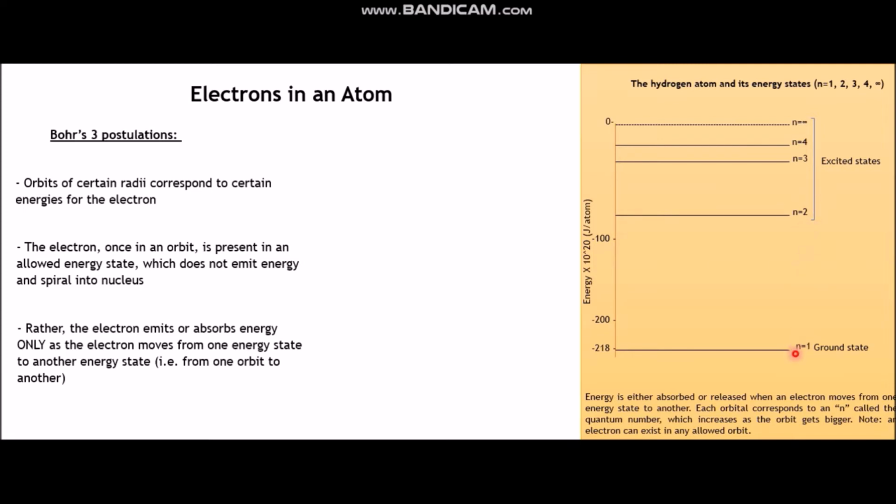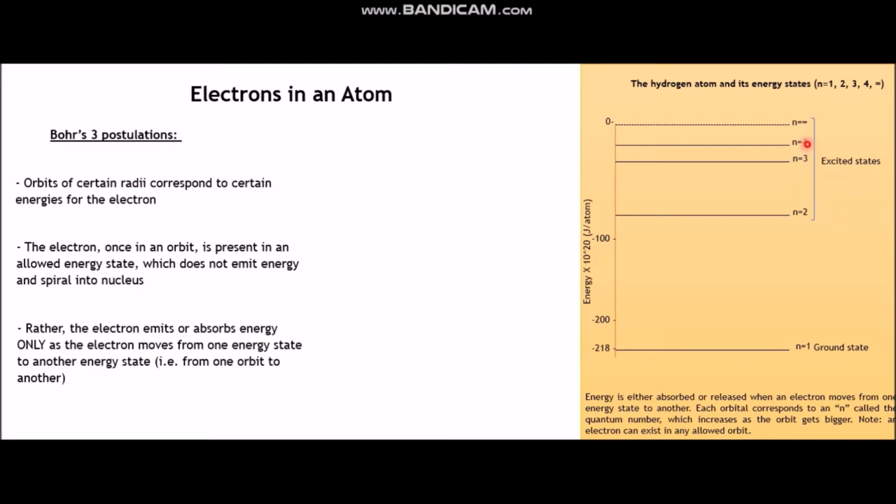So n equals 1 is the ground state or lowest electron orbit, whereas values greater than 1, such as 2, 3, 4, leading to infinity, are excited states of the electron or larger orbits as the number increases.